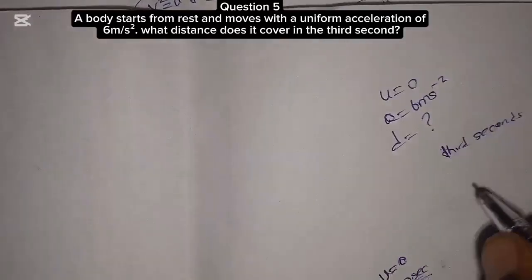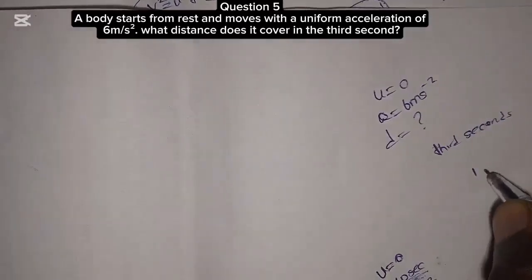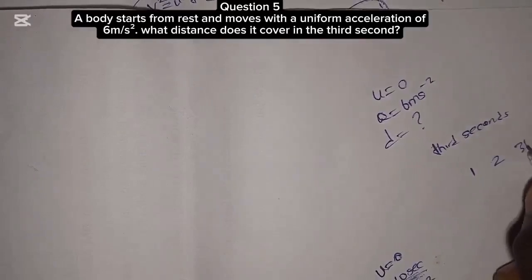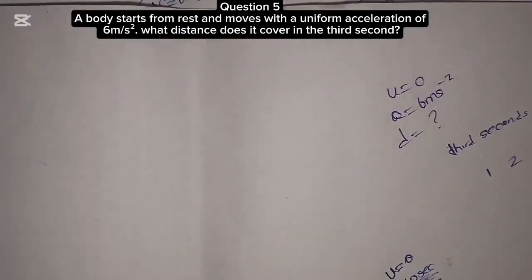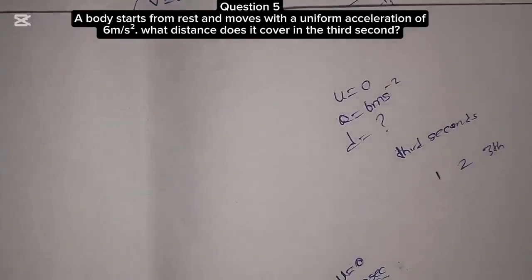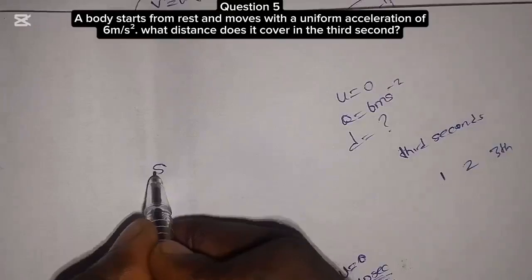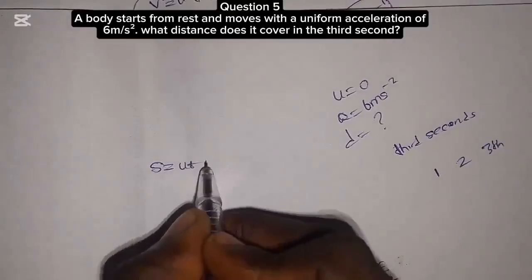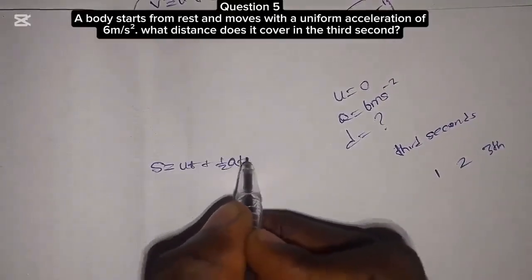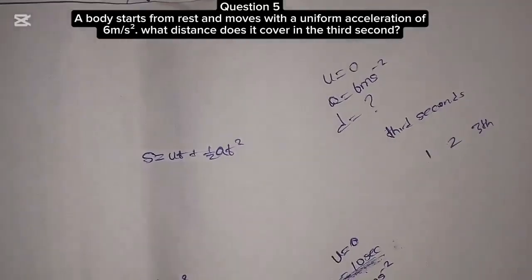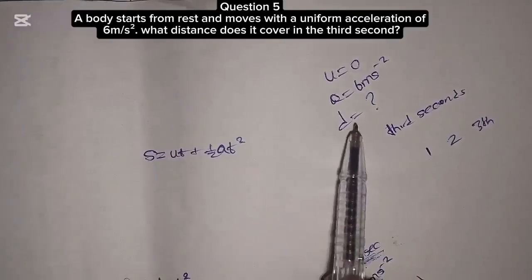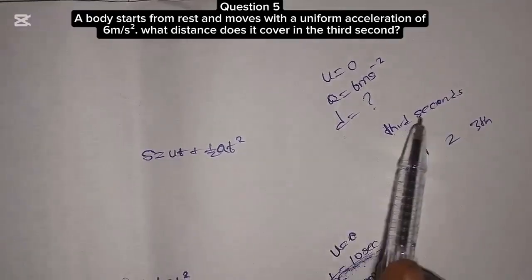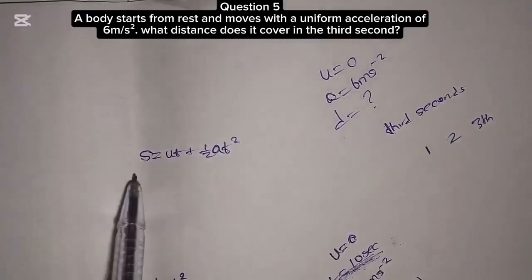In the third second, remember the first second, the second second, and the third second. If you can recall from our previous solving, I told you guys that we make use of the second formula, S equals ut plus half at square. So we have to look for the distance in the third second.